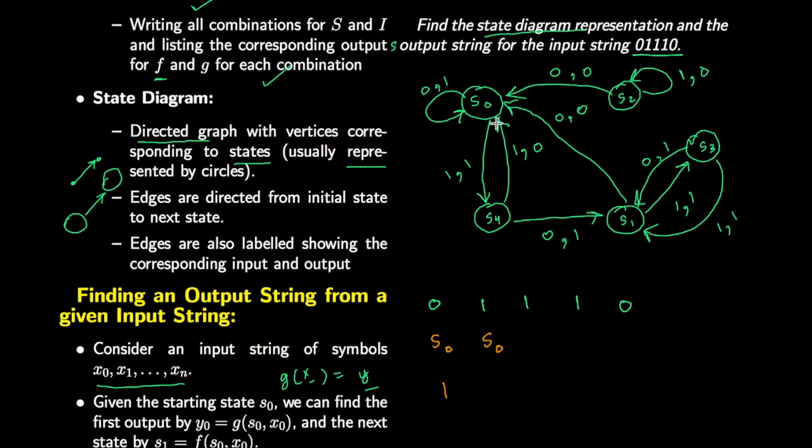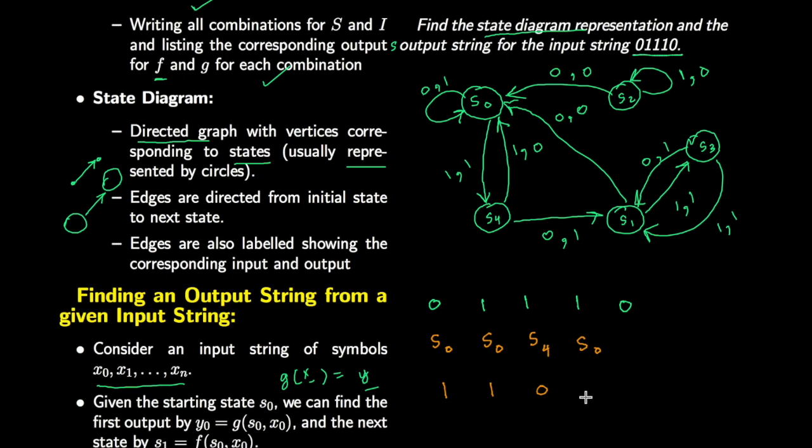Okay. Now my current state is S0 and my input is 1. So where should I go? I should go to S4, and my output is again 1. Now I am at S4 and my input is 1. So again I go to S0 and my output is 0.